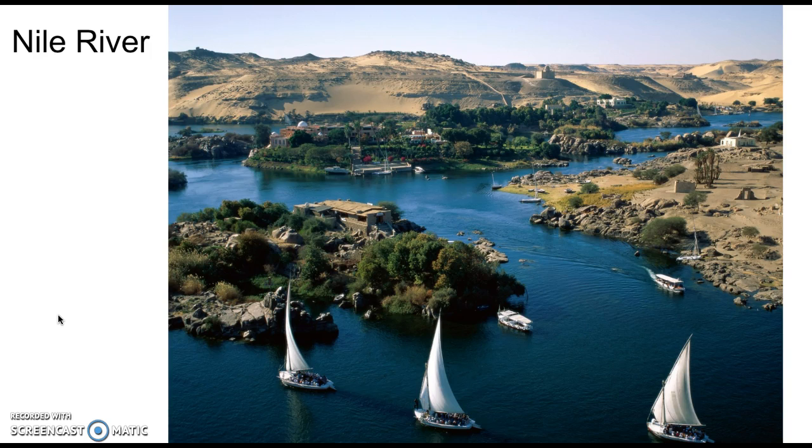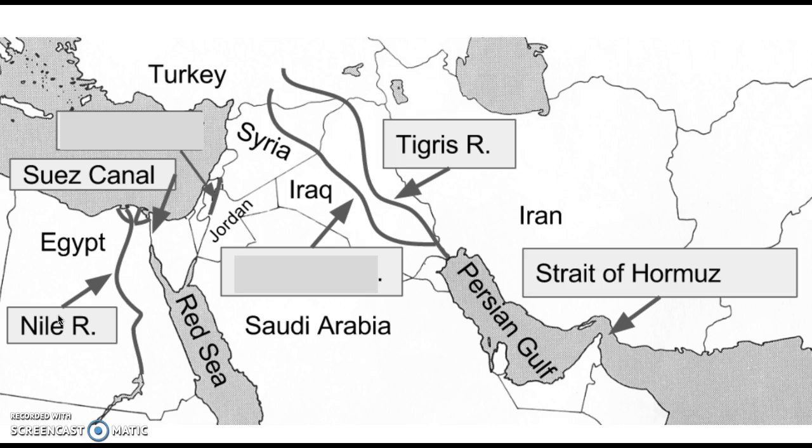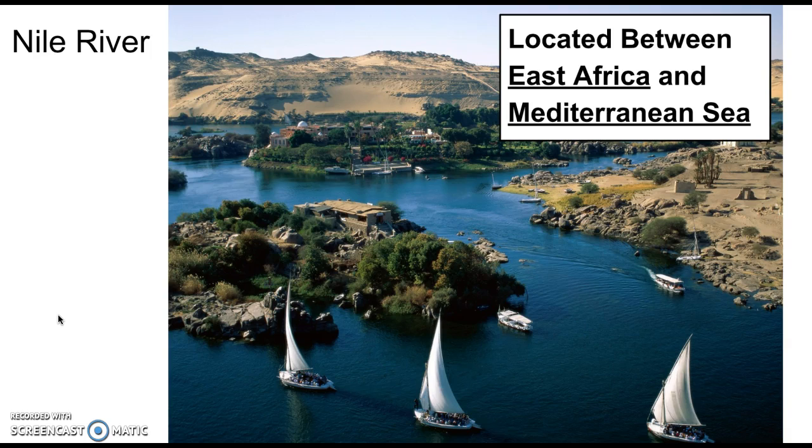You then want to write the Nile River down on your graph, and we have seen the Nile River before in our South Africa unit, and that just tells you how long the actual Nile River is. It's located between East Africa and the Mediterranean Sea, or at least it starts in East Africa and then runs to the Mediterranean. Remember, the Nile is not only the world's longest river, but it essentially makes a very uninhabitable region inhabitable.